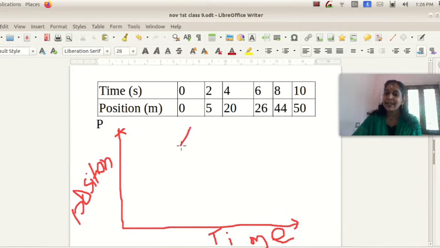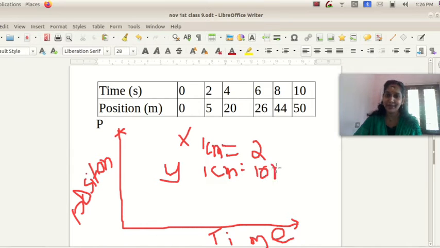We should take in the x-axis 1 centimeter as 2 seconds. In the y-axis we are taking 1 centimeter as how much? 10 meter. Do you have any problem? In the y-axis we take 1 centimeter as 10 meter.